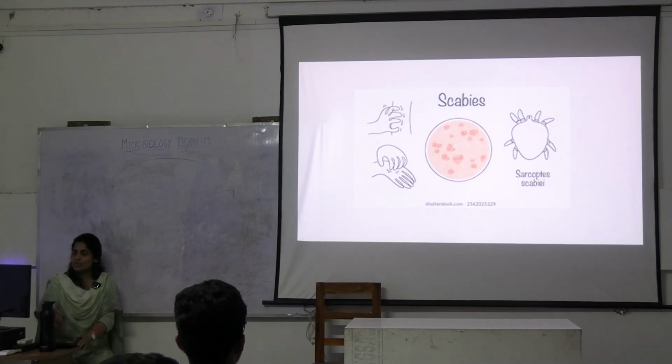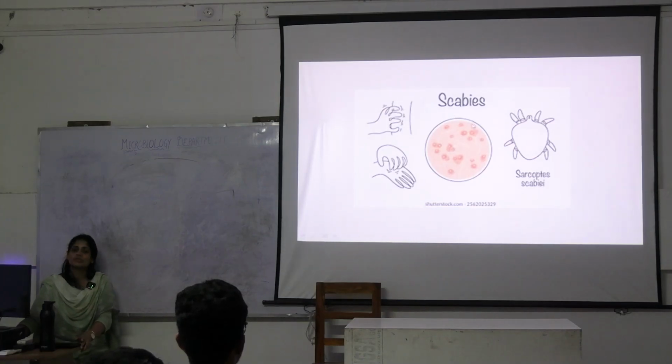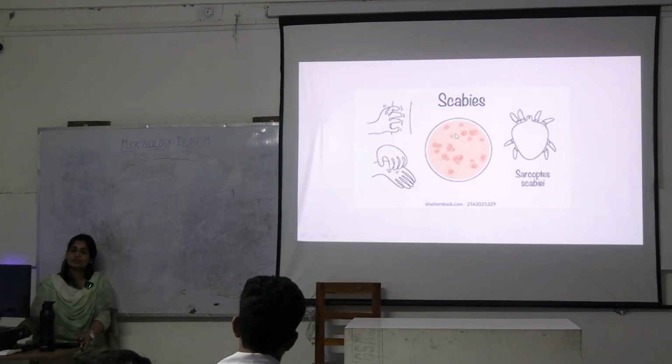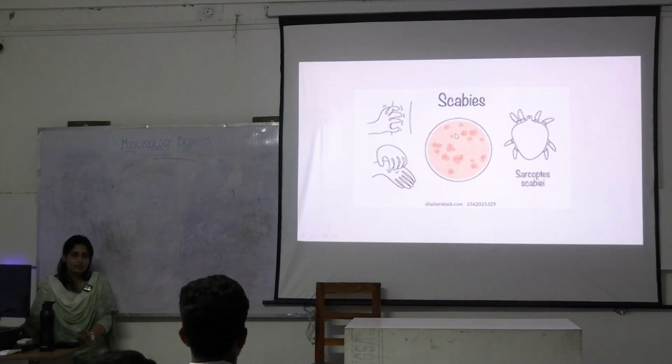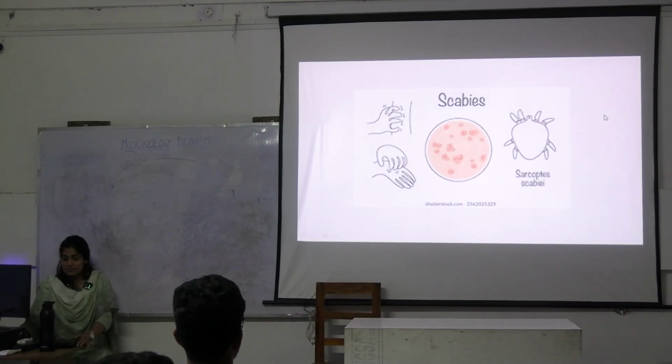What is the treatment? Whatever fomites of the infected person are there, you have to put them for sun drying, wash them, and you have to use permethrin ointment. This is the treatment. This was about scabies and ectoparasites. And scabies is very common in India.